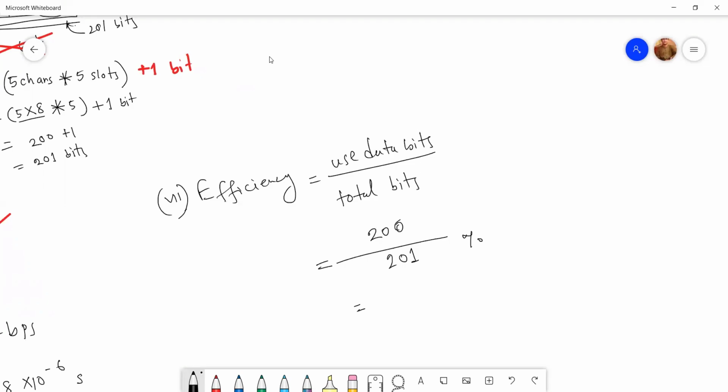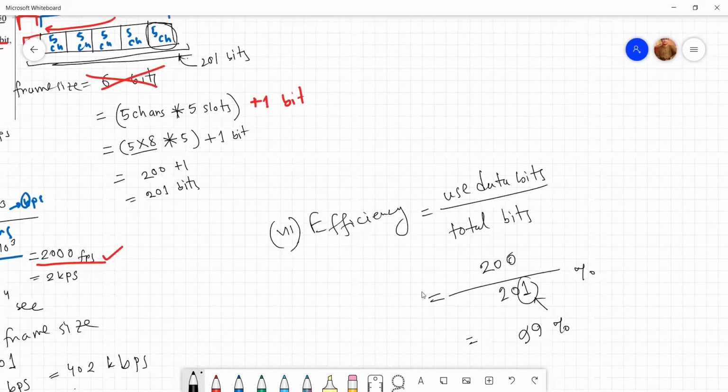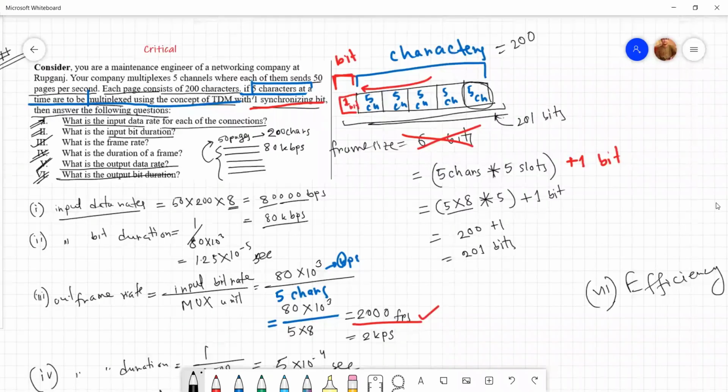So 200 divided by 201 gives you almost 99% efficiency. You are losing 1% efficiency just because of this one synchronization bit. Okay, so that will be the mathematical solution for all the types of maths.